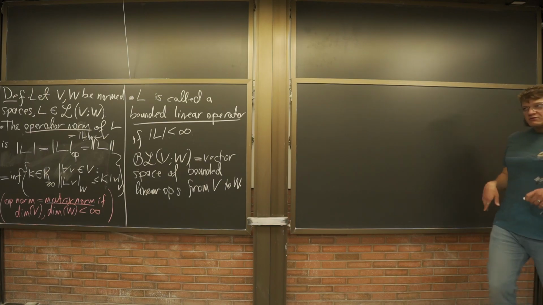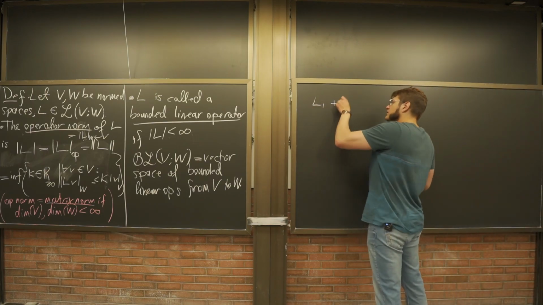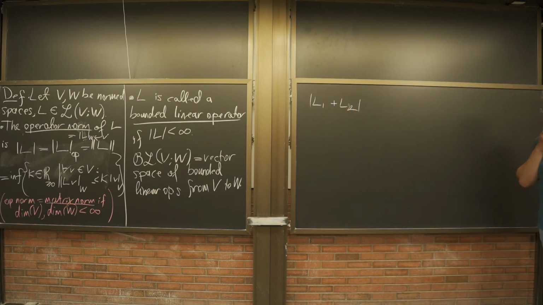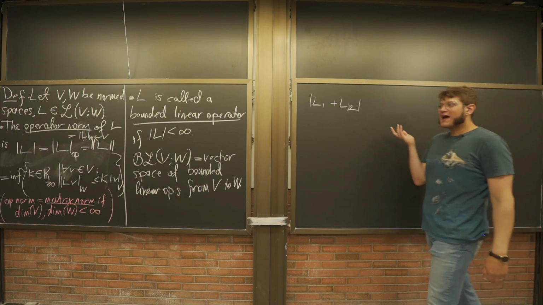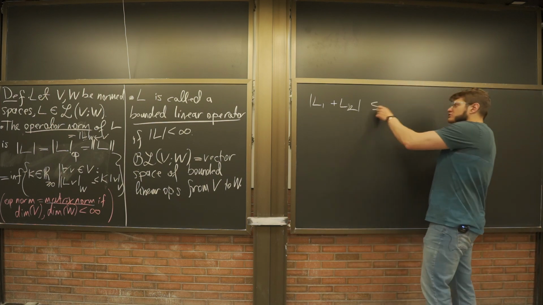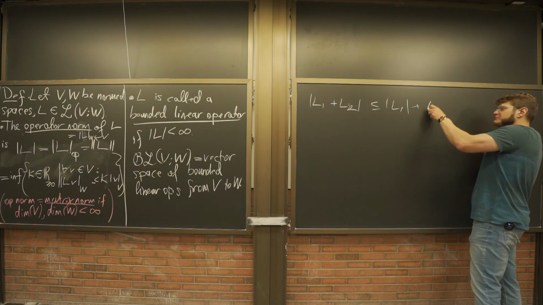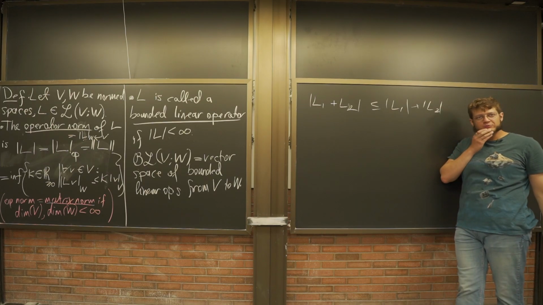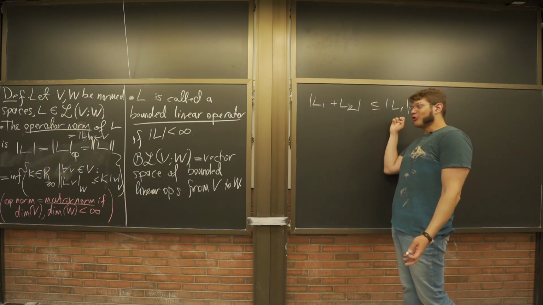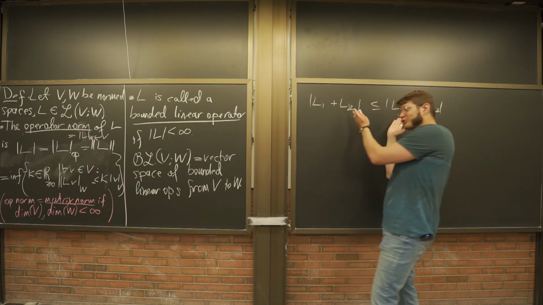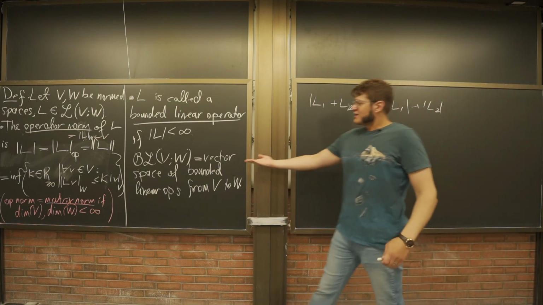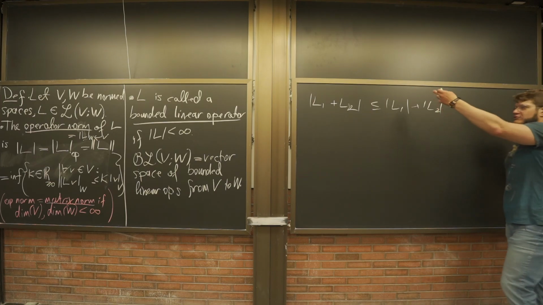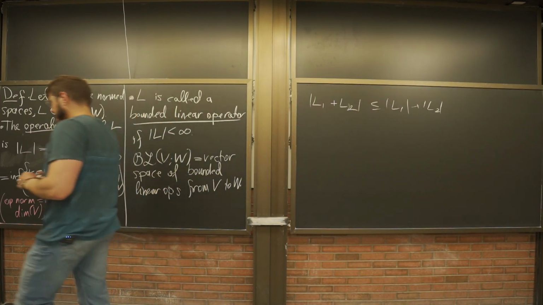And when you think about it, if you're trying to show whether or not this is bounded, certainly if you had something like the triangle inequality, which would allow you to bound this guy by this, this would immediately show that the sum of two bounded operators is bounded. Now, we haven't shown that this holds for the operator norm, so we need to verify this also. Once we verify this, the fact that this is a vector space is going to pop up. And likewise for a constant multiple of a linear operator as well.